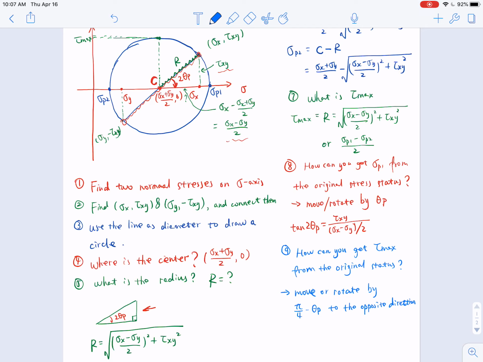So that means from the original status, you need to move it in the other direction. This angle on the Mohr circle will be two times this value, so it will be pi over 2 minus 2 theta p on the Mohr circle.